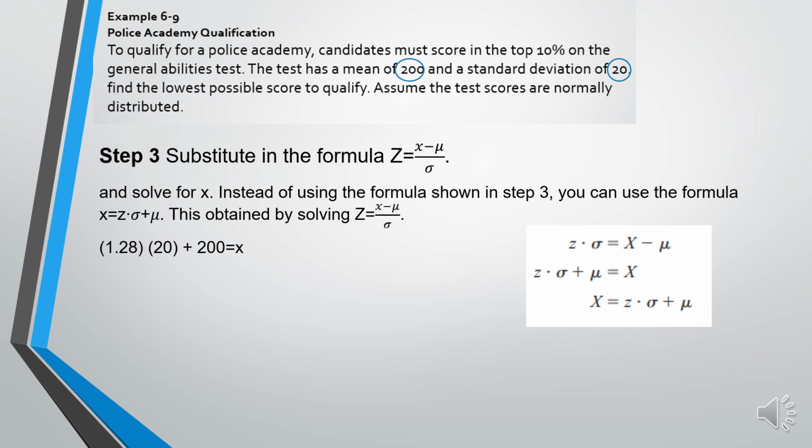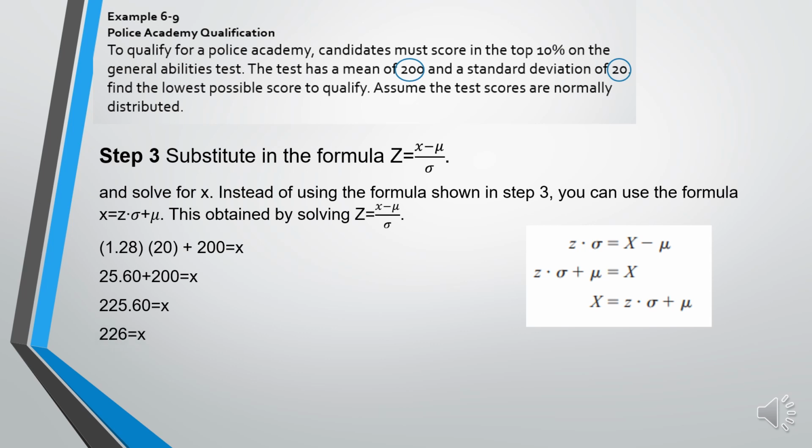And now, let's continue and solve for the value of x. By multiplying 1.28 times 20, it is equal to 25.60 plus 200. And let's add. So it is equal to 225.60.